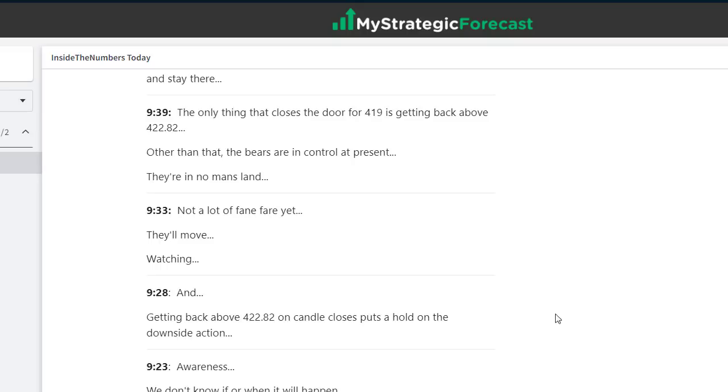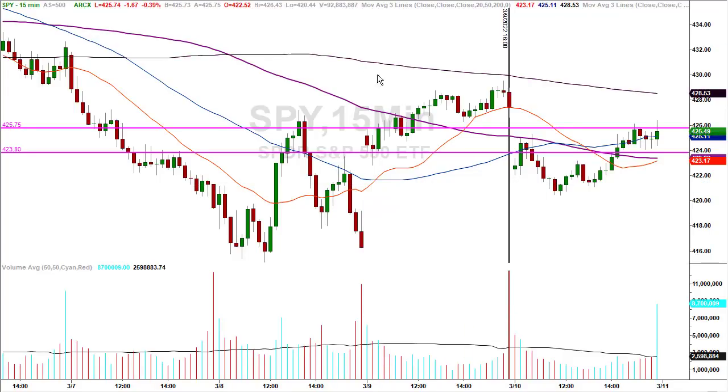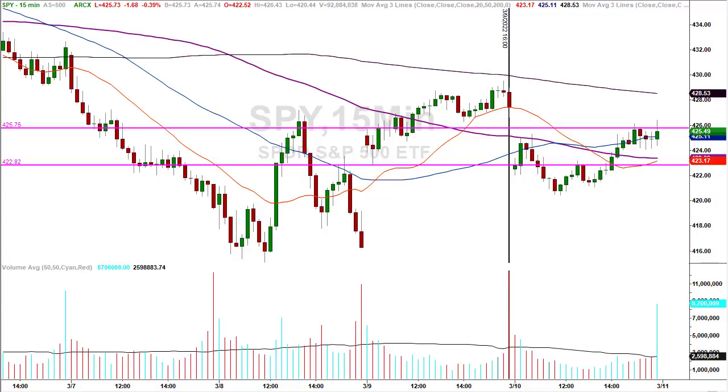And we're moving along. They were going back and forth early on. The only thing that closes the door for 419 is getting back above 422.82, which was the pivot low from yesterday. Getting below that pivot low from yesterday opens them up into no man's land. So here's a 15-minute chart, and over here is the pivot low I'm talking about at 422.82.